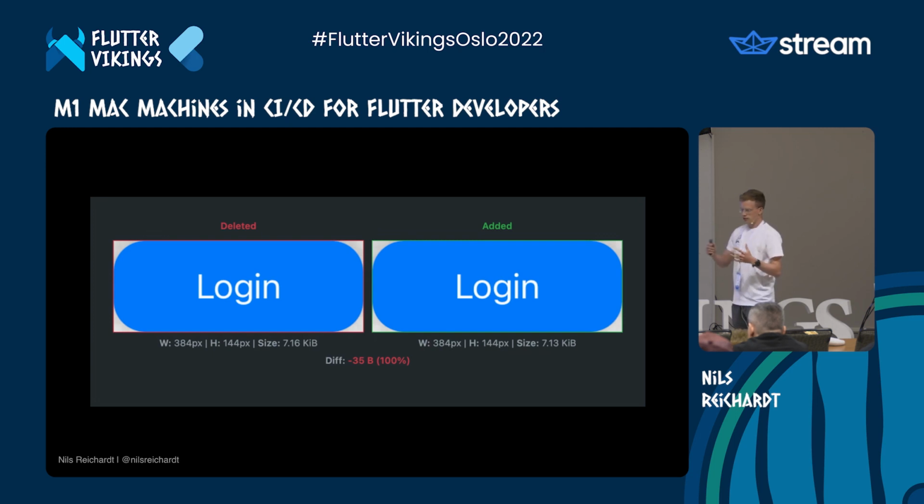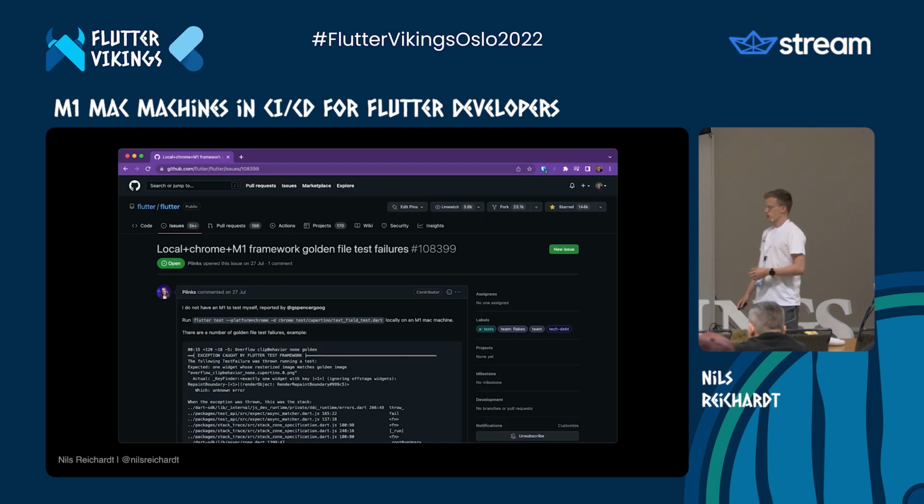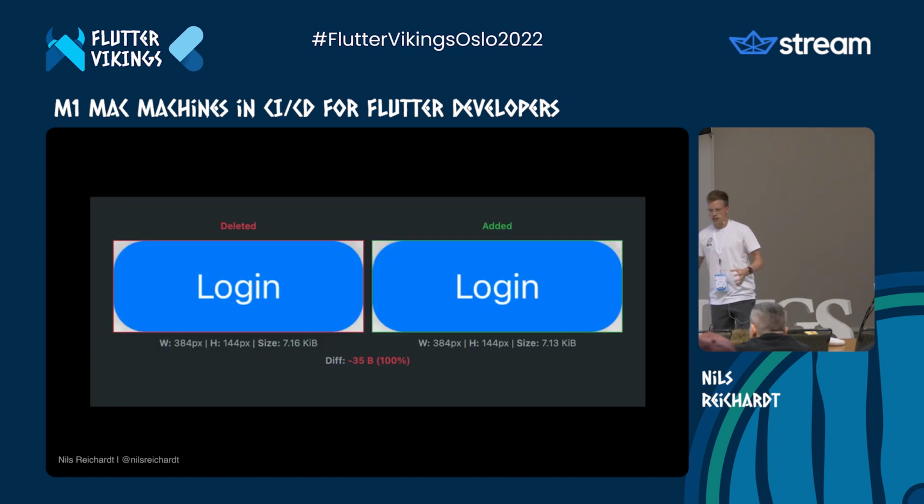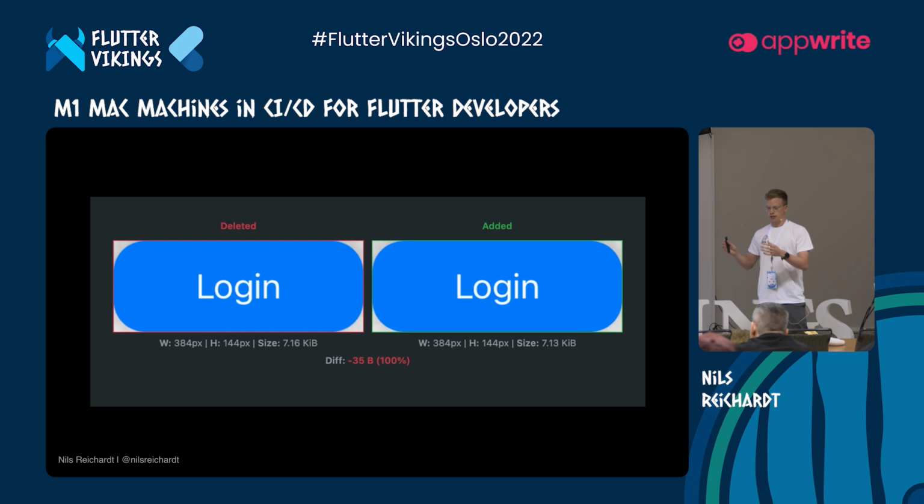It looks really the same, but it's not the same. And there's also another issue on GitHub about running them on Chrome. But the good message is I have never seen these issues. So it's just a note. I couldn't reproduce it. So for me, everything is working fine. Running M1 golden tests on Intel, for me, everything is fine. So just a note for you.